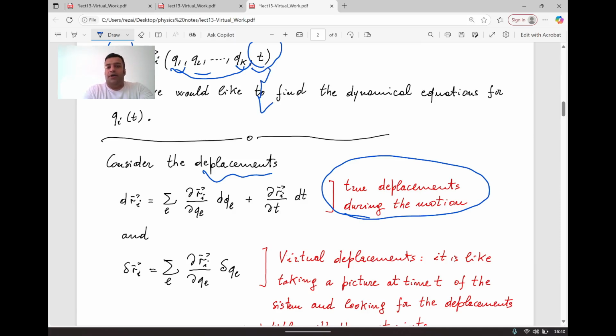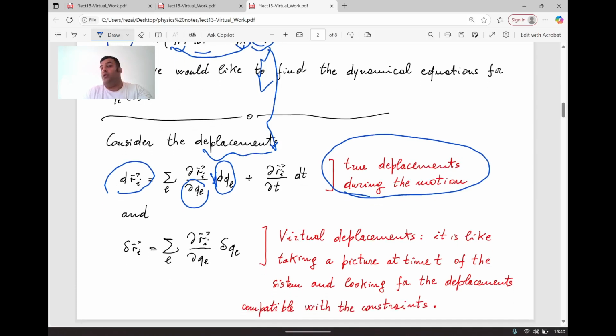Therefore, our calculation is dr equals the sum of dr/dq_i times dq_i plus dr/dt times dt. Exactly, that is dr, the displacement with respect to all things.